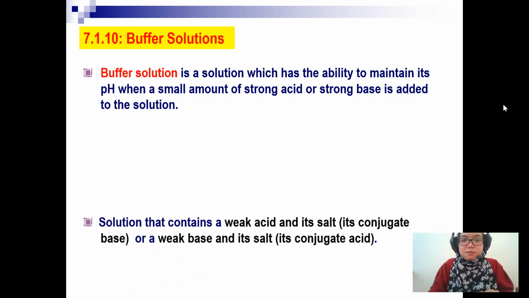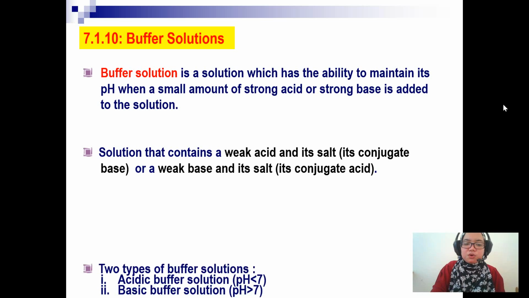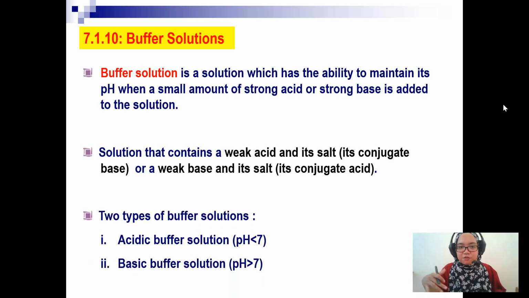And this buffer solution actually consists of a weak acid and its salt, which means its conjugate base, or a weak base and its salt, or its conjugate acid. So there are two types of buffer solution.